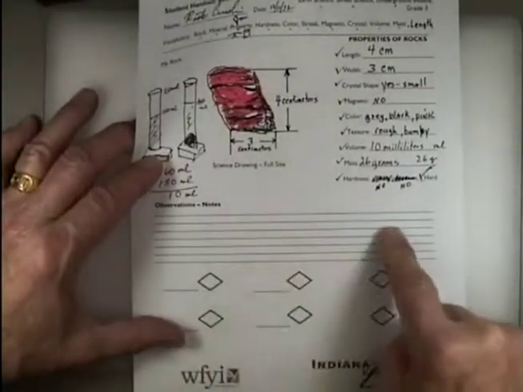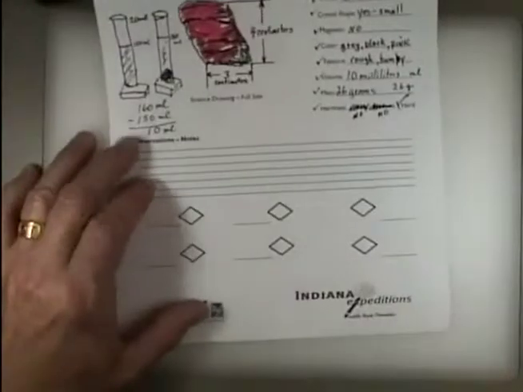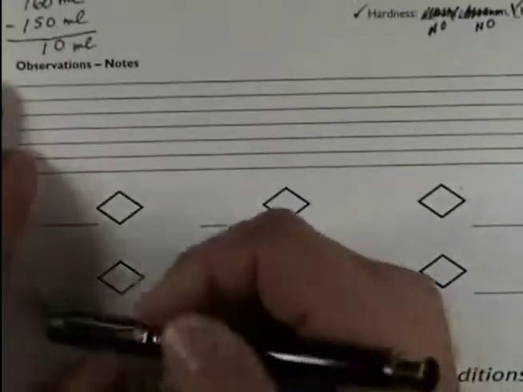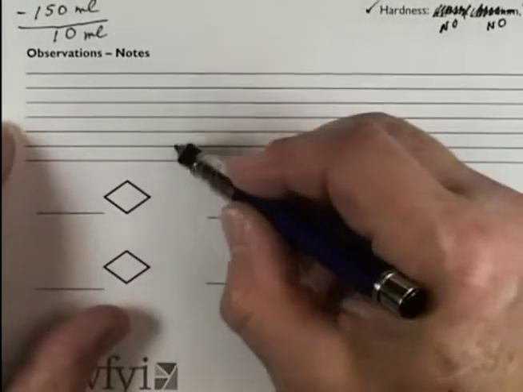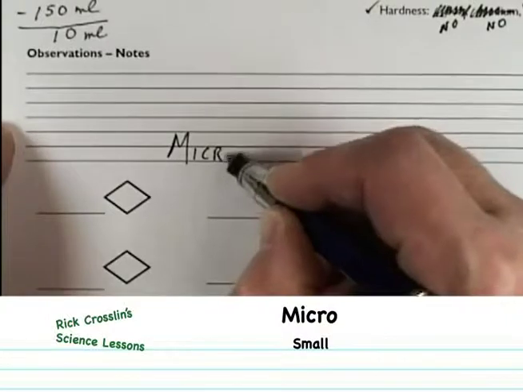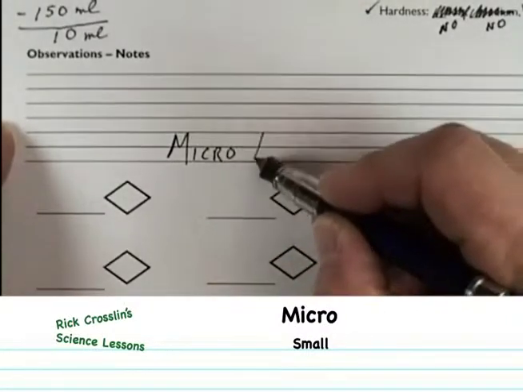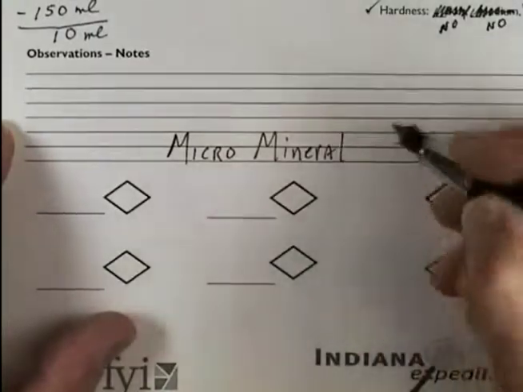So here we go. Let's get started. You can finish up by writing some sentences about your mineral here, and I'm going to show you how to make a micro, which means small, mineral slide.